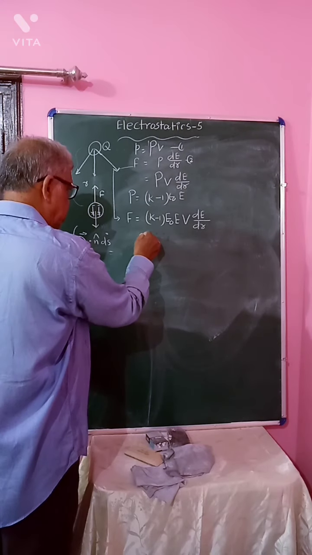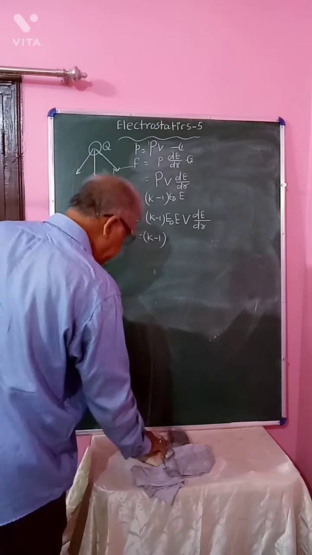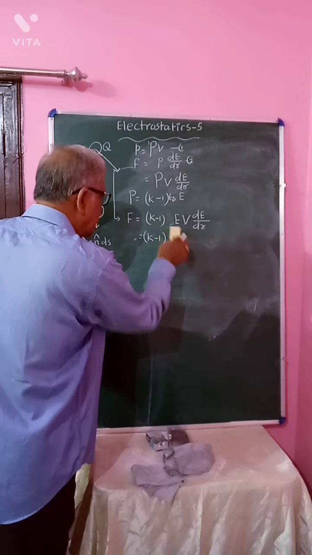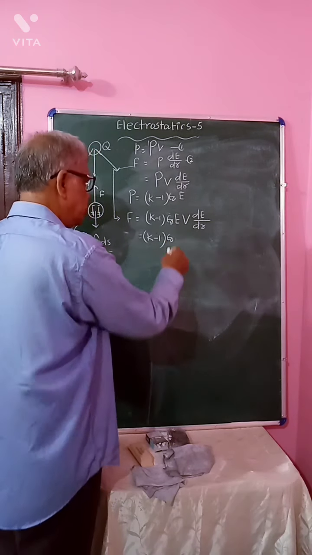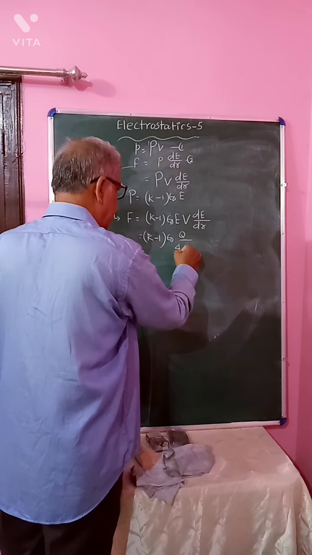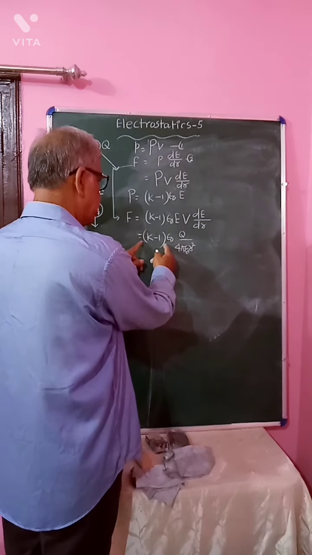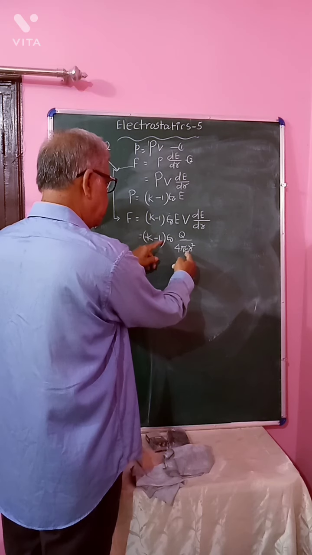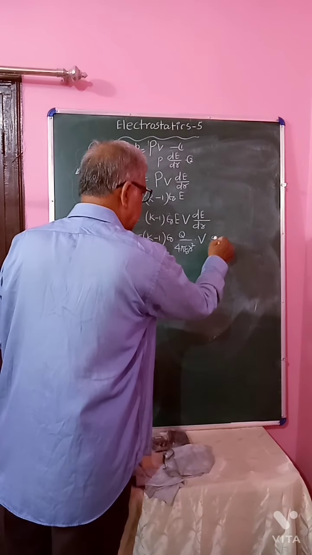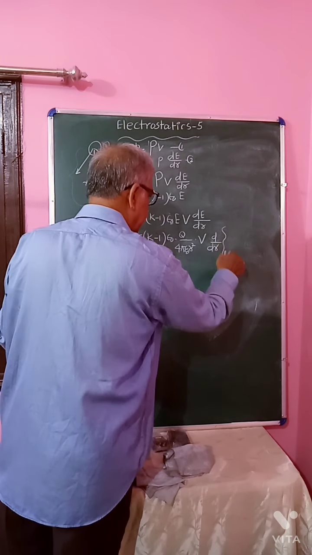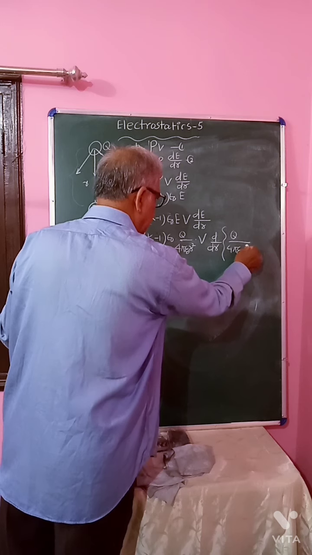Now this force is equal to (K minus 1) epsilon 0, this is epsilon 0, times the intensity Q by 4 pi epsilon 0 r square, times the volume of the water droplet V, and the differential of the electric field Q by 4 pi epsilon 0 r square.